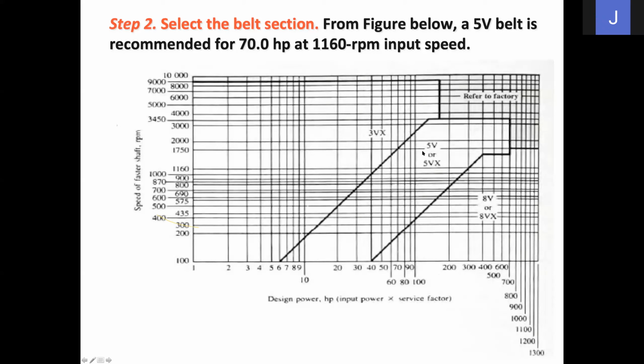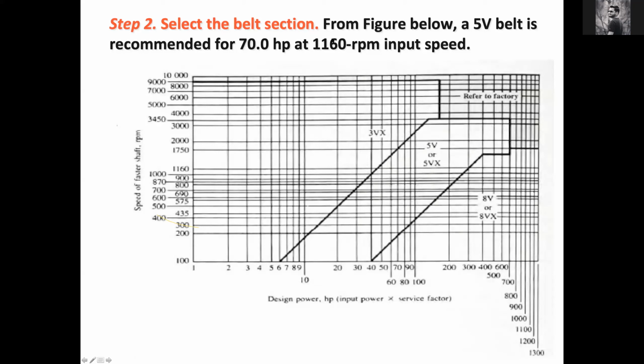Yes, sir. So you can see here, what is your speed, what is your rated power? 54. So 54 lies here, isn't it? And what is the RPM? RPM is 1500, and when you go to RPM 1500, this will fall in this zone. Okay. So you can use the 5V type of belt.